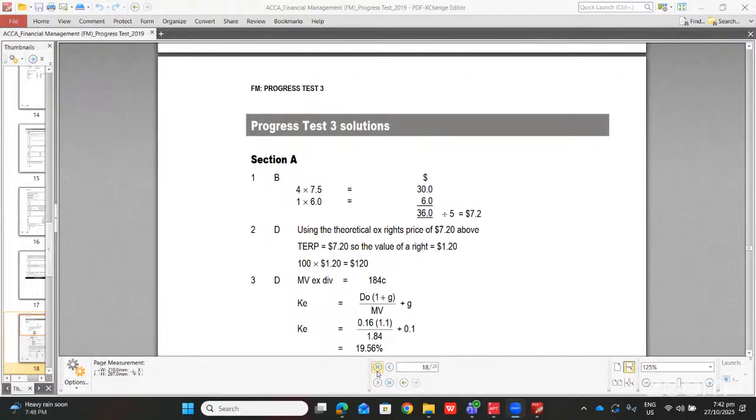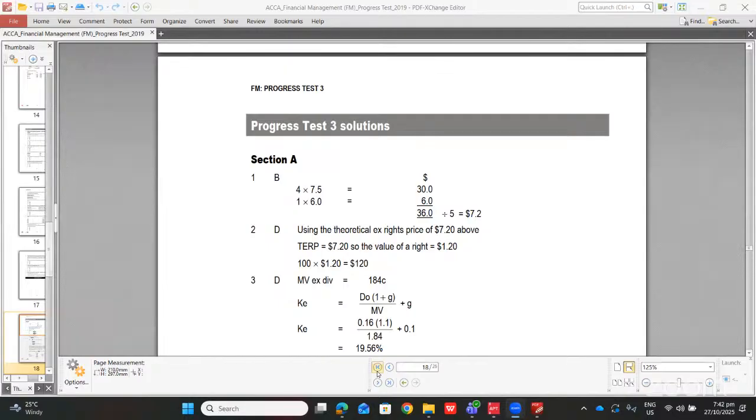Again, if you get that wrong, your number 2 definitely is going to be wrong as well. This is why it's important to just know the formulas. They tell you $6 you pay for a share, but you have the right to pay $6 for it. That means the value of a right is $1.20. So 100 rights would be $1.20 times 100, which is $120. Answer being D, as in dolphin. So that would be the answer for question 2.